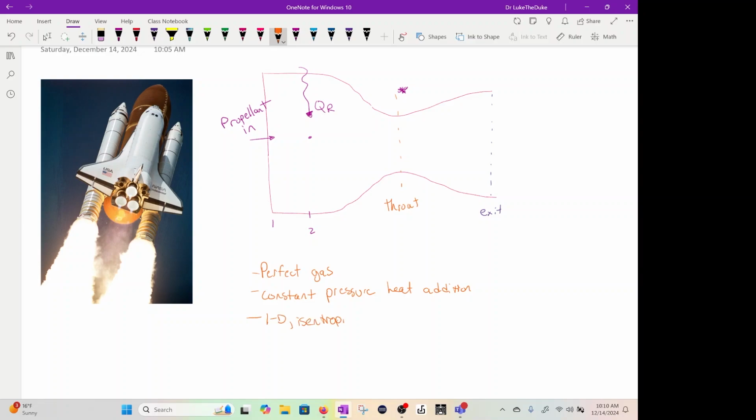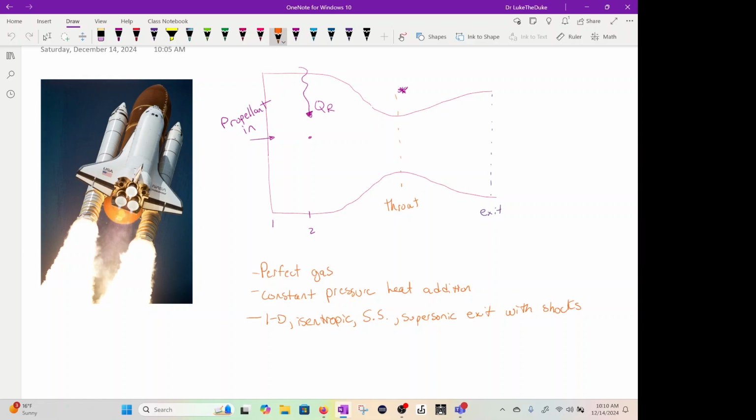Isentropic. Steady state. And it's supersonic at the exit with no shocks in there. Okay, so if you remember from a converging, diverging, a shock could show up. But in this case, we have no shocks in here.